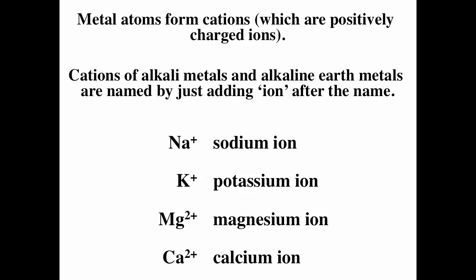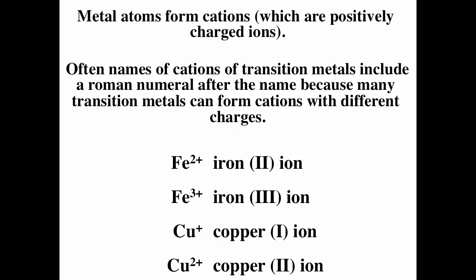And so metals tend to form cations. They tend to lose electrons, forming positive ions. To name cations, you just add ion to the name. And so the sodium ion is just the sodium ion. Potassium, when it forms an ion, is the potassium ion, magnesium ion, etc. Now for transition metals, they can form different charged ions.